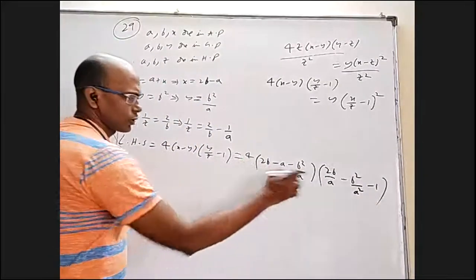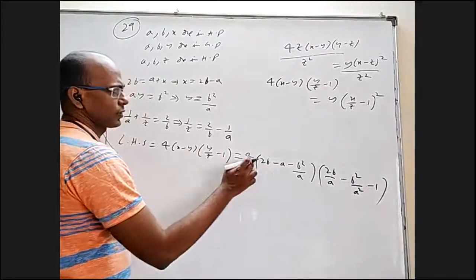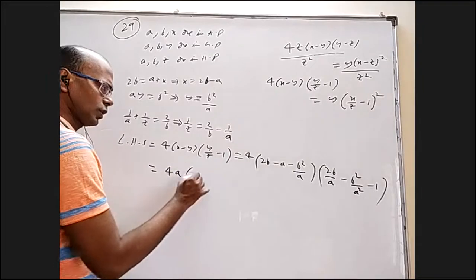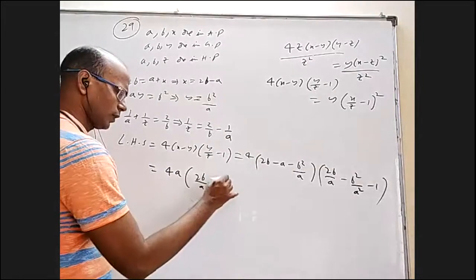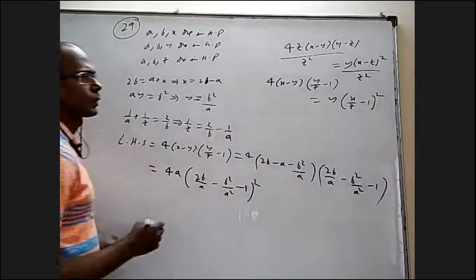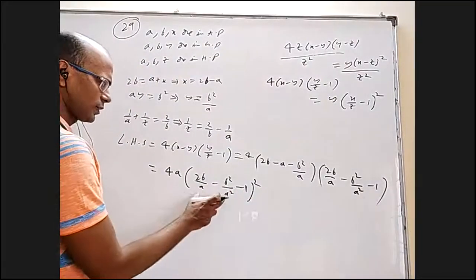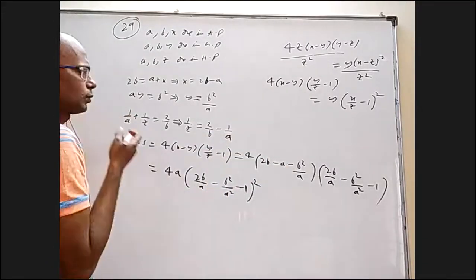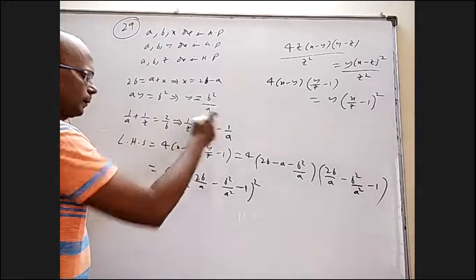Okay, so understood that these two are same unless for a. So for a, I can write 2b by a minus b square by a square minus 1 whole square. Is this part exactly x by z? No, this is already y by z. Now, what is y? b square by a.